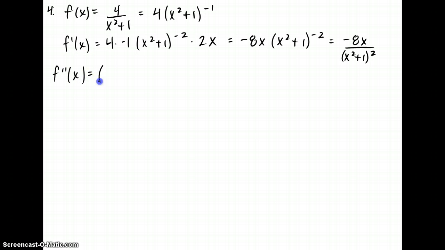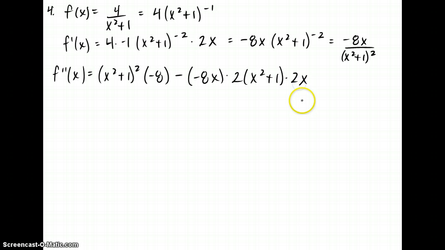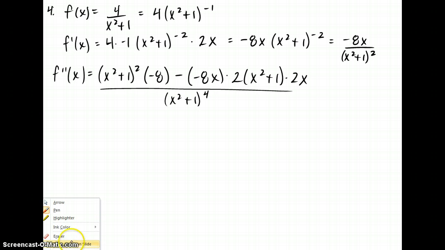So second derivative, bottom function times the derivative of the top function minus top function times the derivative of the bottom. So here we use power and chain again, all over bottom function squared. So it would be to the fourth power. Now we've looked at this often. All the terms have an x squared plus 1 in them. What can we factor out? The smallest exponent.